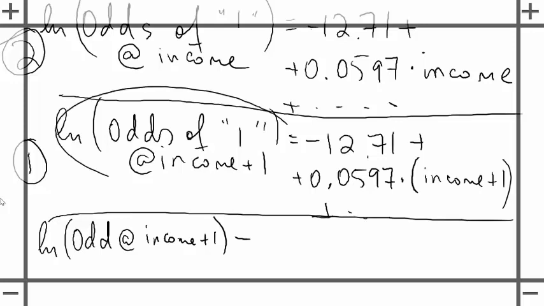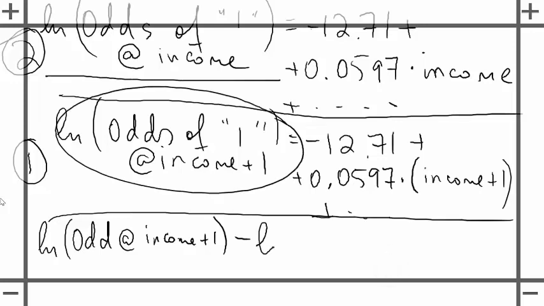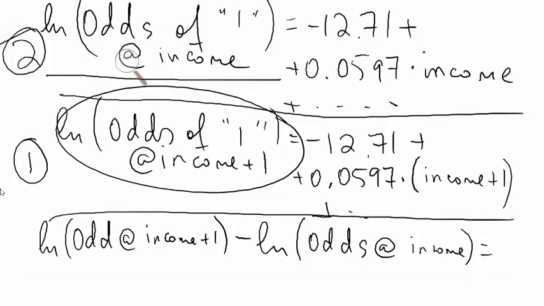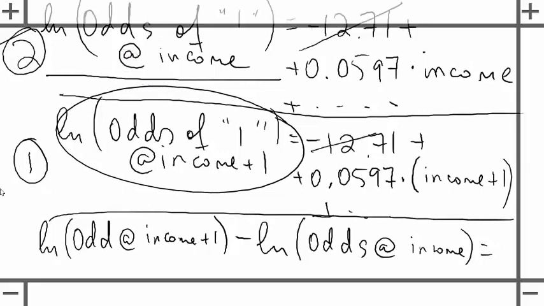This one right here, minus this one, natural log of odds at old income, equals. Well, first of all, if I subtract the sides of the equation, this one and this one cancel out, right? It's the same thing, right?